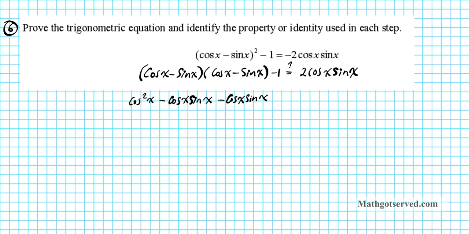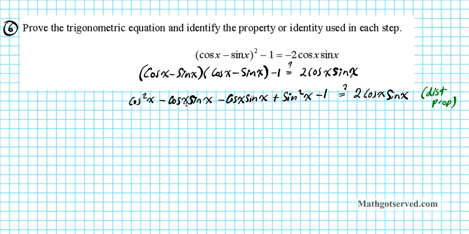Okay, so that's inner, and then last will be minus times minus, plus sine square x, minus 1. Is it equal to 2 cosine x sine x? This right here is a distributive property that we just applied, so we can put it right here: distributive property.